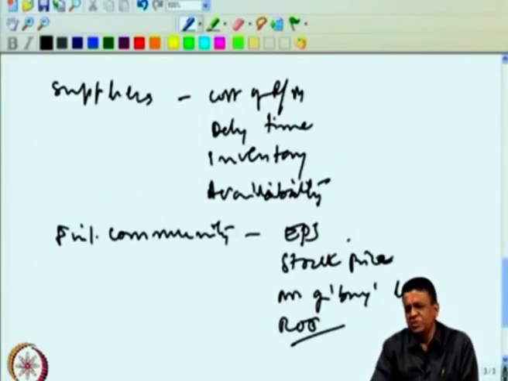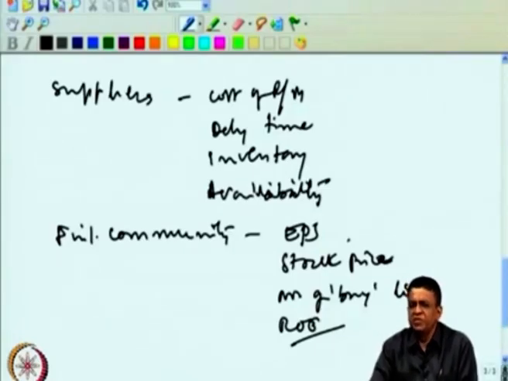Suppose the moves that you take do not really bring adequate returns in the market, then the company's name or the company's ability to attract or to sustain interest from the financial community will be dented.